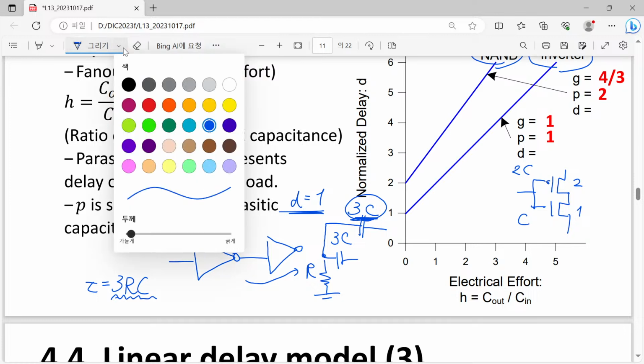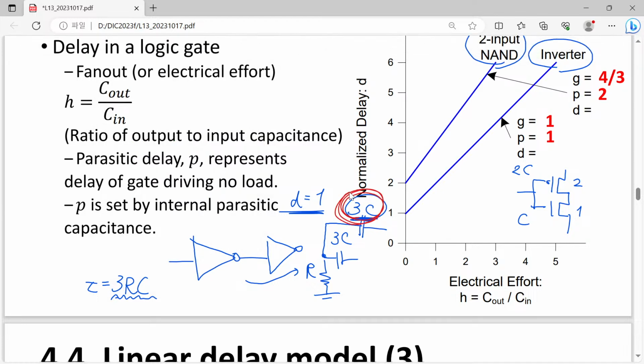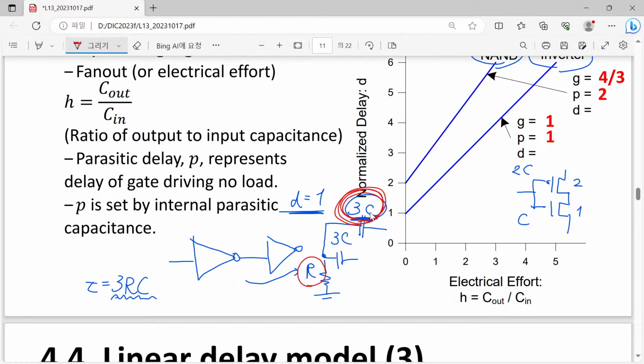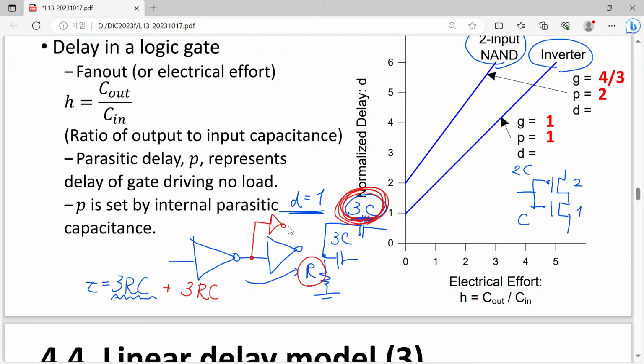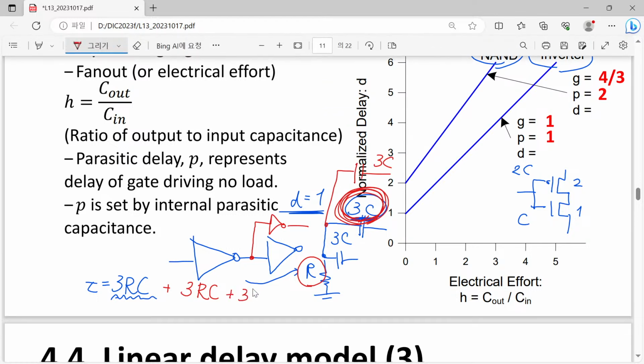So if we count only the contribution from this additional 3C, then what will be the time constant? Since resistance is still R and this is 3 times C, additionally we will have 3 times RC. And obviously, instead of this single inverter, let's say that we have 2 copies of inverter, then that is corresponding to yet another 3C. So we just add one more copy of 3 times RC.